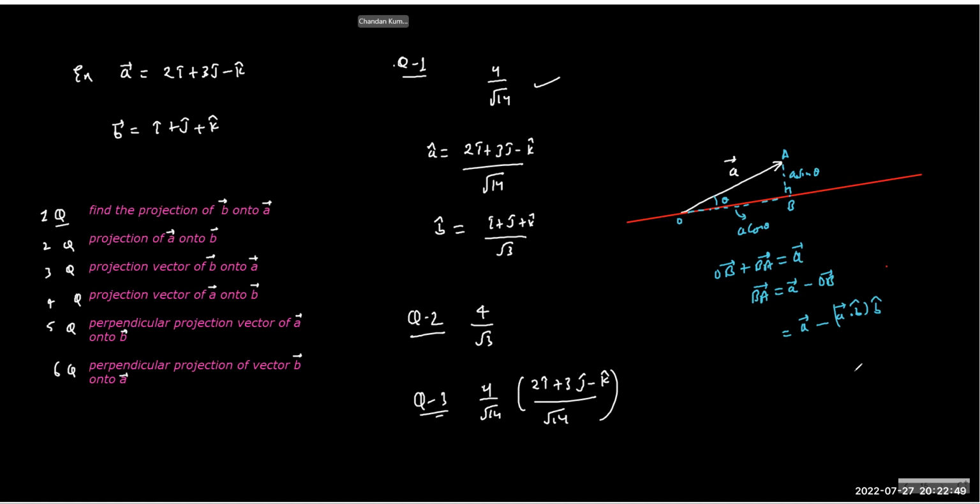So the fifth question will be the answer this one. What is A cap? It is A dot B. What is A dot B by the way? 4 upon B square, which is 3. Root 3. B square is 3 now because into B cap.